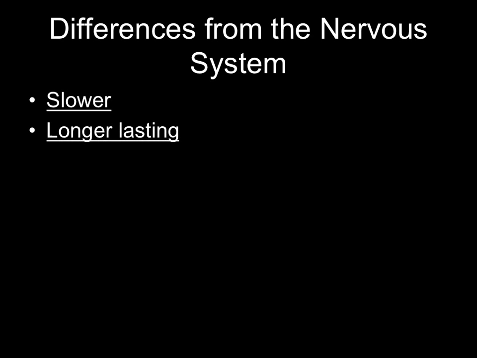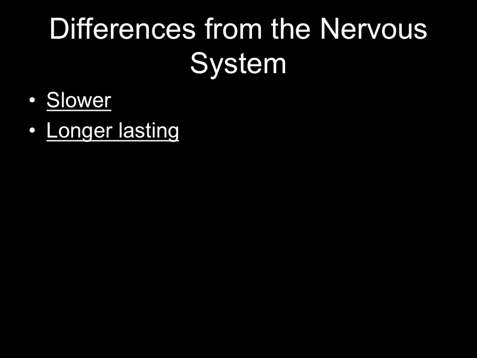The other one is that the effects of the endocrine system are very much longer lasting than the effects of the nervous system. And that, of course, ties in with the speed of response. So this is why we actually have in humans these two systems, because each of them occupies its own specific niche. So there's no overlap of actual activity.